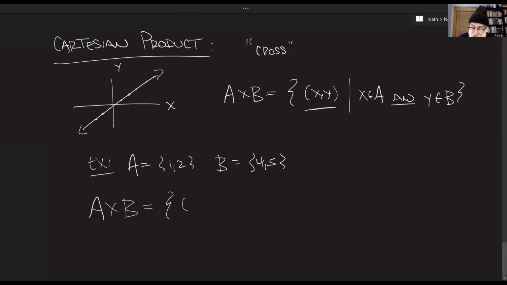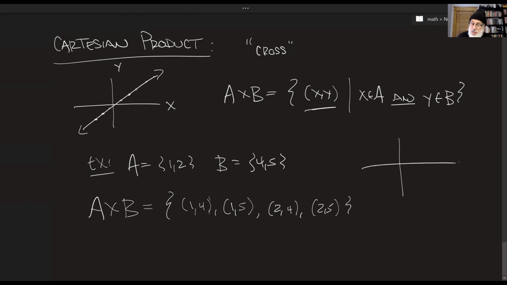We do every combination we can find of the first coordinate 1. So we do 1 and 4. Then we do 1 and 5. And that's it for 1. And then we do the first coordinate, we'll use 2. So 2 and 4, and then 2 and 5. So that is the Cartesian product of A cross B, given that A is 1, 2, and B is 4, 5.